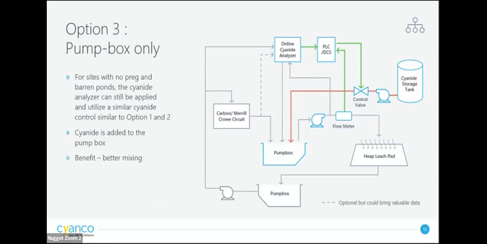The third option is in case you don't have a preg or barren pond, but you have a pump box. The cyanide will be added to the pump box, which allows better mixing. The sampling points for your analyzers stay the same. Of those 3 positions, 2 are the most recommended, and the third one is optional.